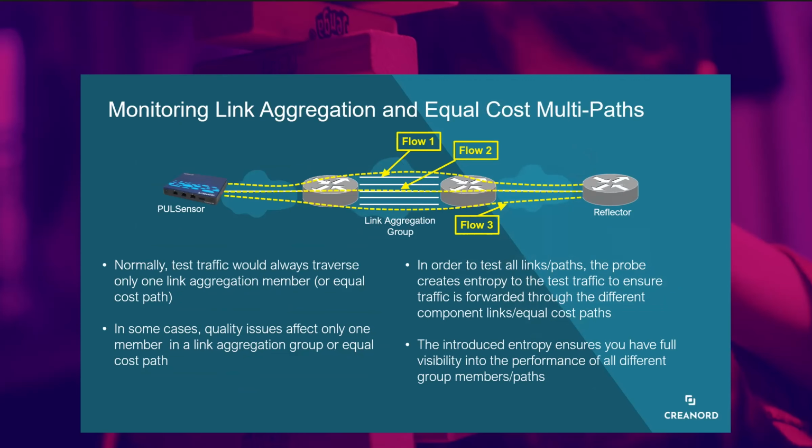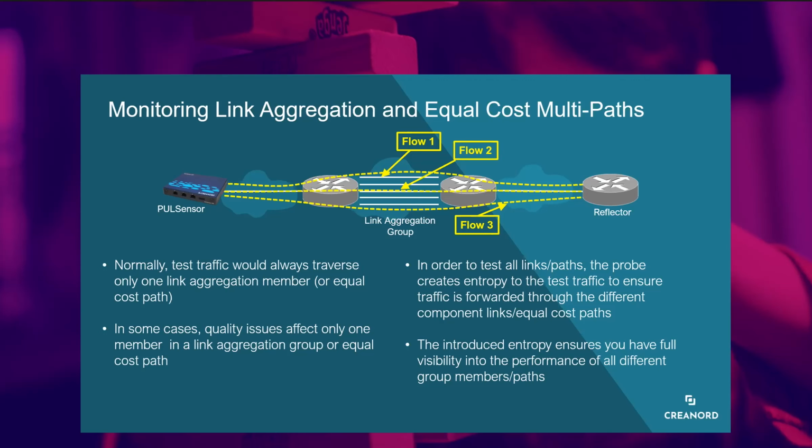So in a traditional monitoring scenario, when you are sending out the TWAMP packets, all of the packets will follow the same route in the network, or they will traverse through the same link aggregation member, typically. So you are not actually testing all of the paths or all of the link aggregation members.